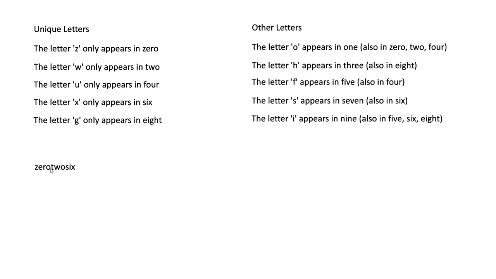For example, take 0, 2, 6. We've got one Z, so we know there's the word 0 in there. Then we've got one W, which can only be the number 2. And then we've got one X, so that can only be the number 6. Now for the case of 0, 4, 5, we've got one Z for 0 and one U for 4.